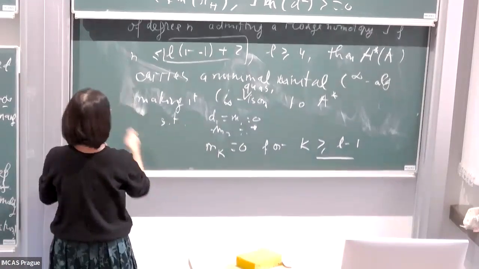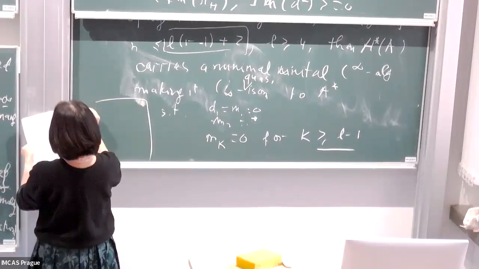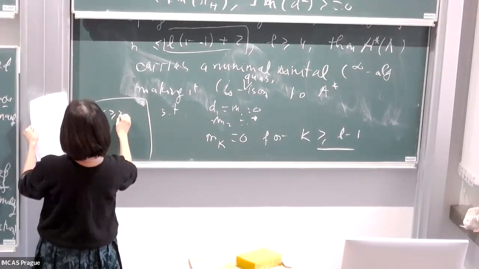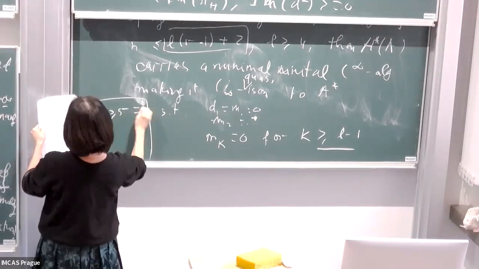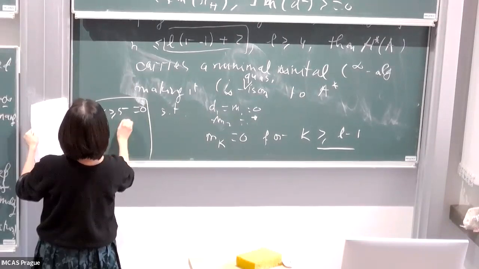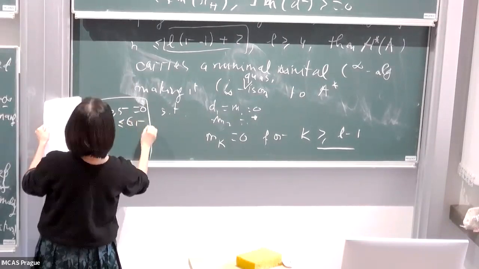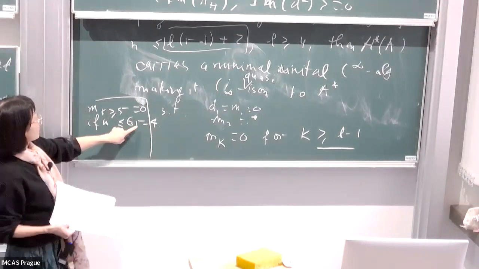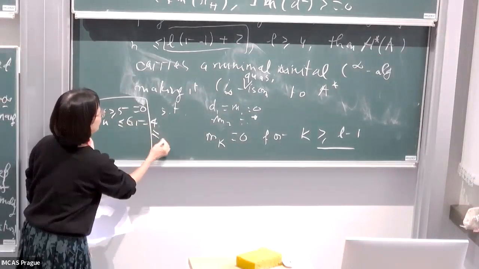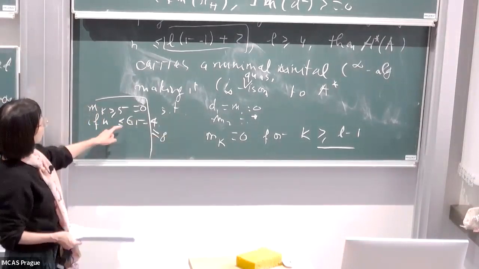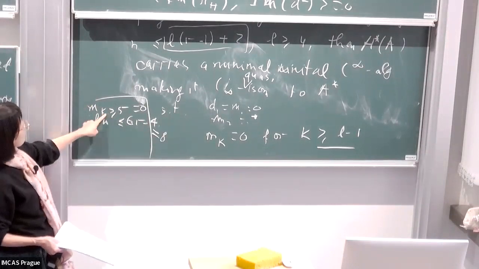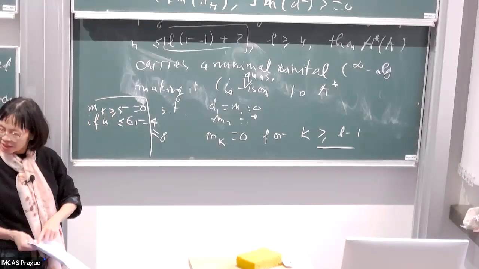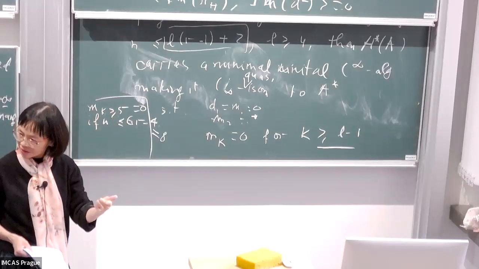In particular, mk equals 0 if n is less than or equal to 6R minus 4. So for R equal to 2, 6R minus 4 is 8. So you come to dimension 8. That means dimension 8 has the multiplication vanishing beginning from 5, so only m3 and m4.